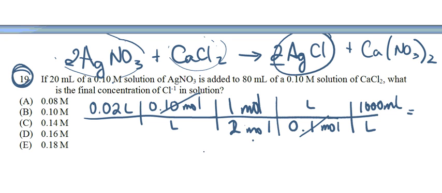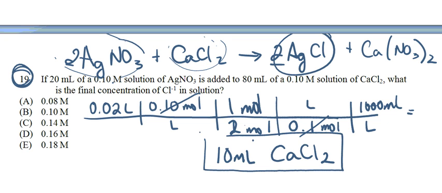So that means that we have 10 milliliters, I believe. We'll use 10 milliliters of the calcium chloride. Okay. So our silver nitrate is our limiting reactant, which we would expect since we only have 20 milliliters and we have the same concentration. Now, the reason why I wanted to do this calculation was to find out how much of this we were going to use. Because if we look at the calcium chloride, it wants to know what is the final chlorine solution.